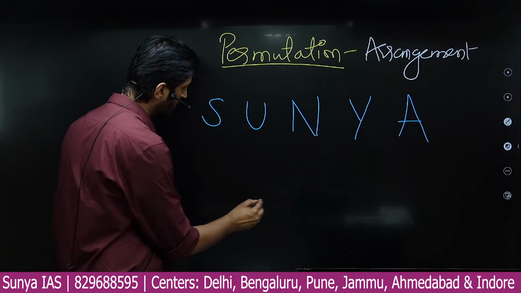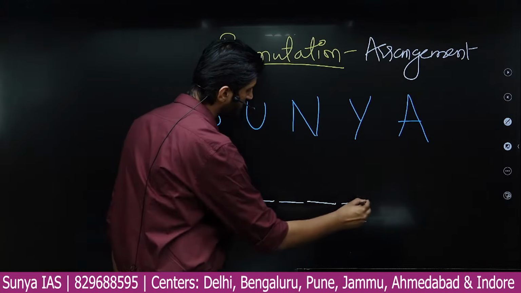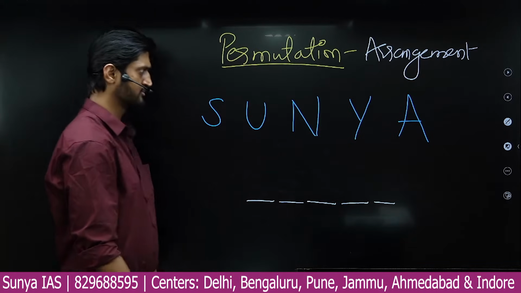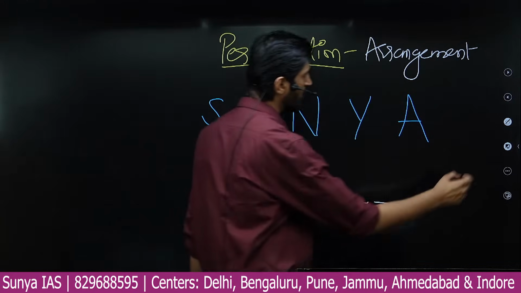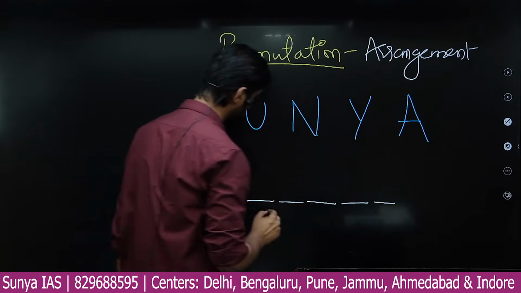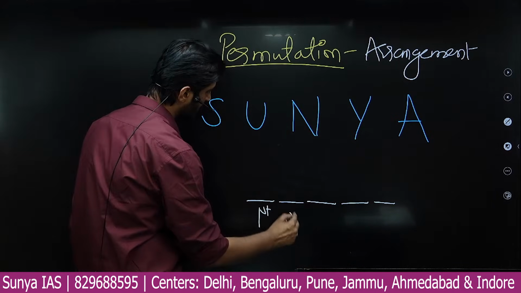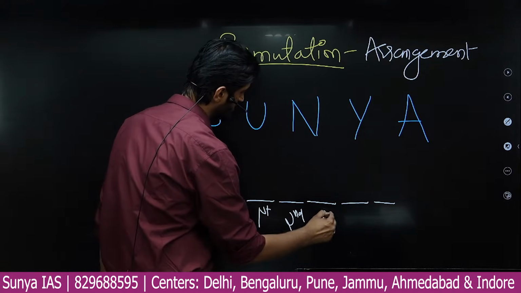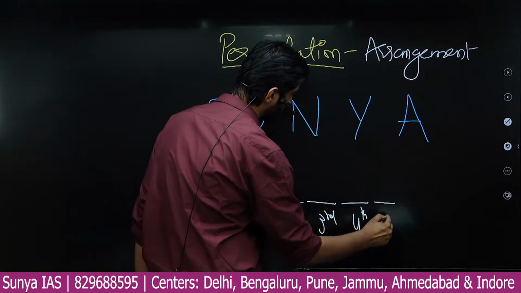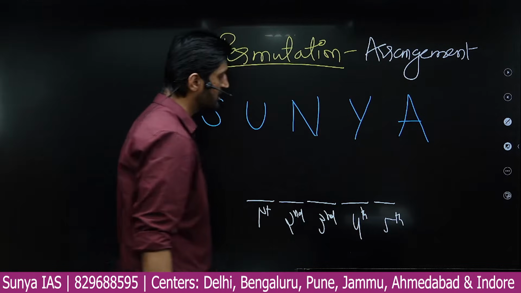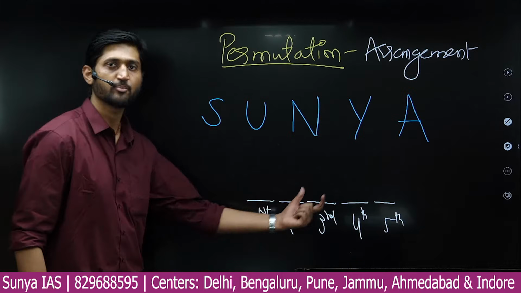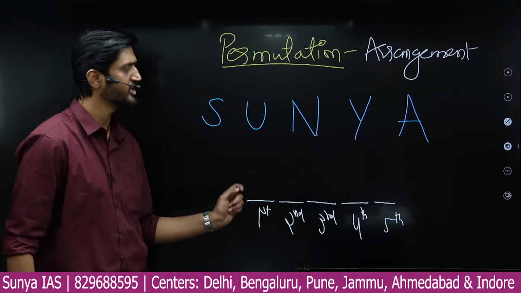So suppose we want to create various 5-lettered words. If we talk about the positions, so this is going to be the first position, second, third, fourth and fifth. Okay, these are the various positions in which we can place the alphabets to create a 5-letter word.